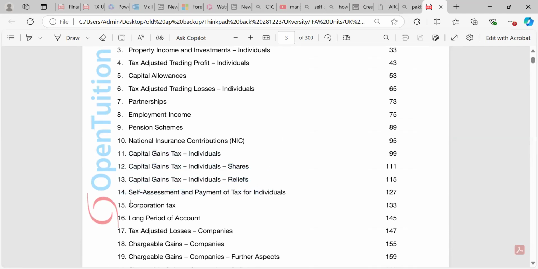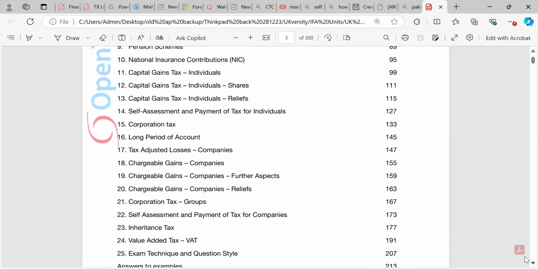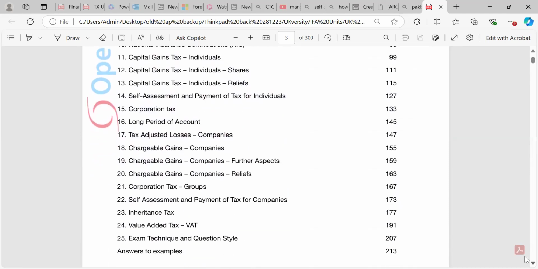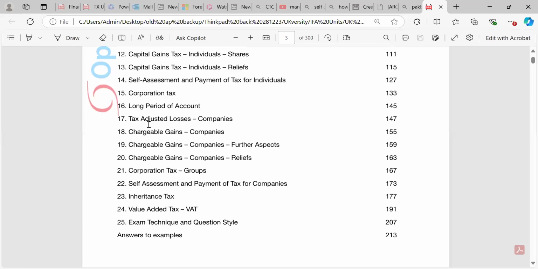Here is the corporation tax, please. In corporation tax we can look at chargeable gains for companies, and losses for the group, if the group of companies is involved. So these are plenty of examples that we can use from this handout. Of course, we can look at the main pool assets and the rate.